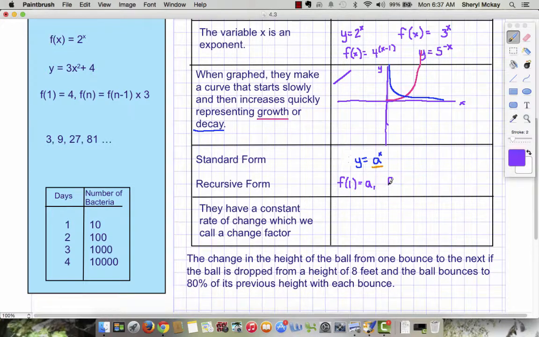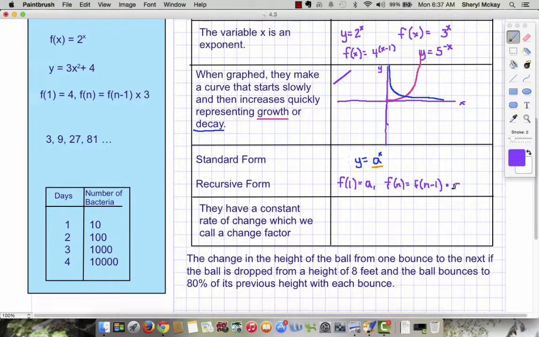F of 1. And f of n is equal to f of n minus 1, which is the value of the previous term, times the constant ratio, okay? Times the constant ratio. So we already learned that one as well. So we have two constants. It's the first term and the constant ratio, and that's a recursive form.